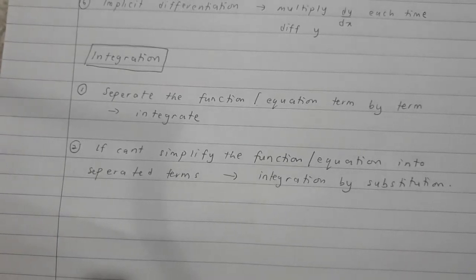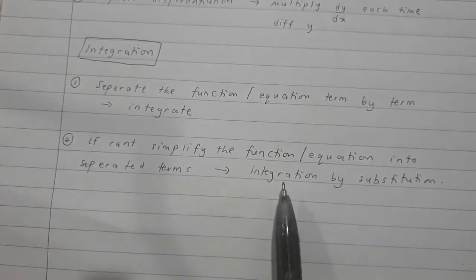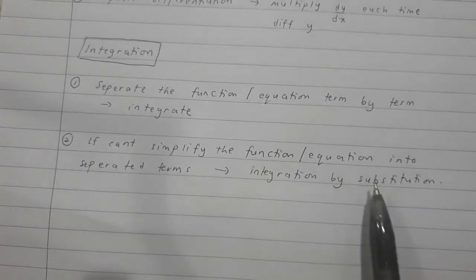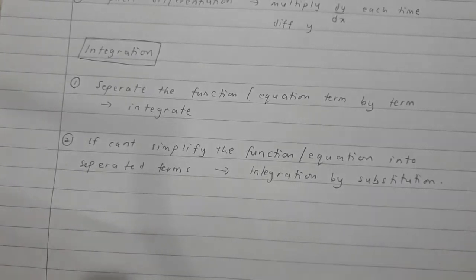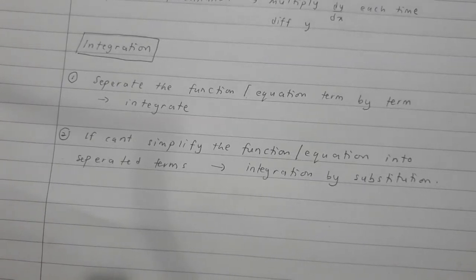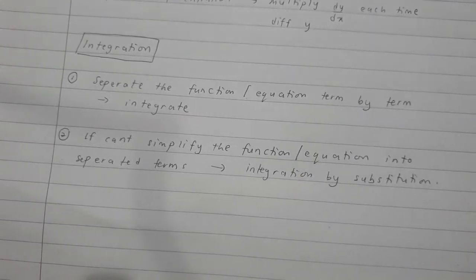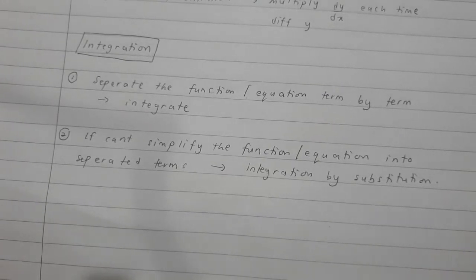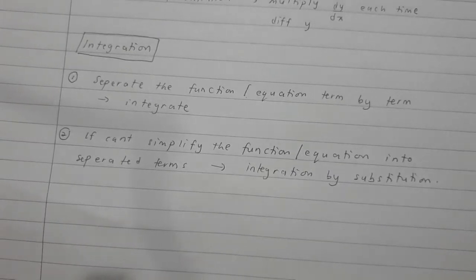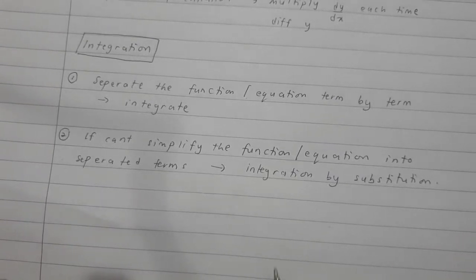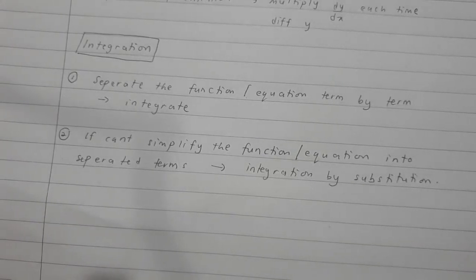Tetapi, kalau function yang diberi tidak boleh dimudahkan, if we cannot simplify the given function, then we will use integration by substitution. So again, to solve integration, number one, we will try to simplify the given function into separated term by term equation. But if we cannot simplify the given function, then we will use integration by substitution.